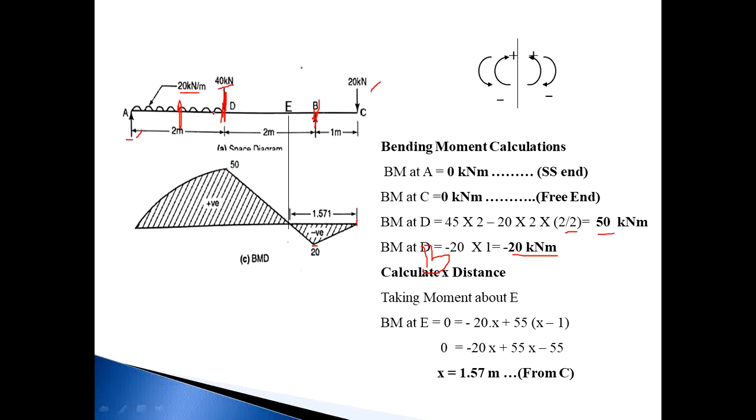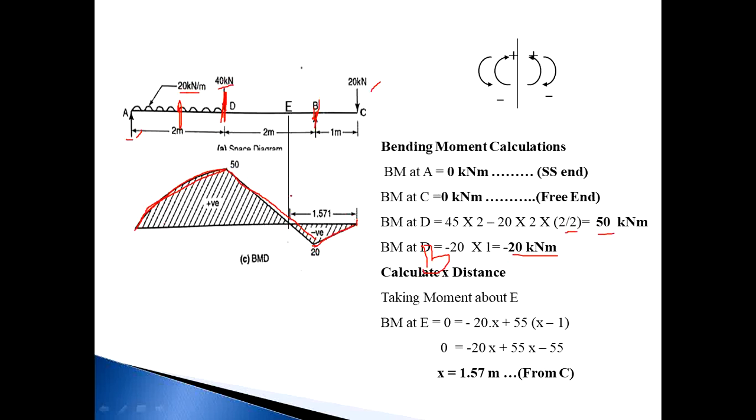A to D is a UDL, so for A to D join by using a parabolic curve. Then D to B there is no load, so join by using an inclined straight line. And B to C also there is no load, so join with an inclined straight line.